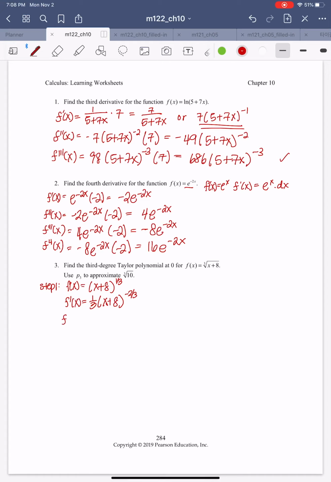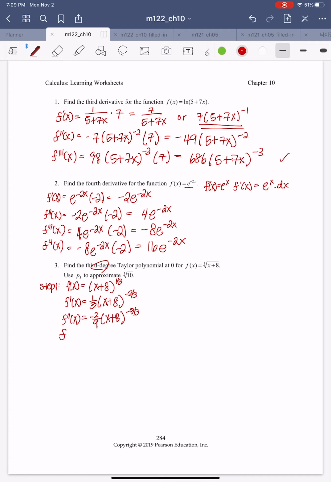Same thing, taking it twice. We need to go 3 times because they want the third degree. So negative 2/3 comes down, multiplies with 1/3, making negative 2/9, times x plus 8. Negative 2/3 subtract 1 is negative 5/3.